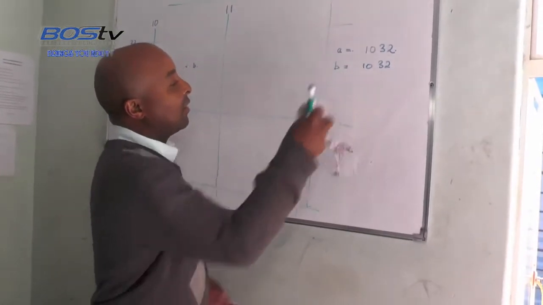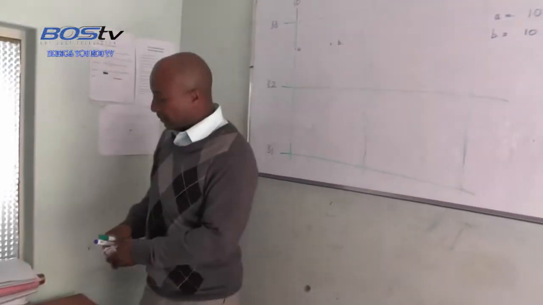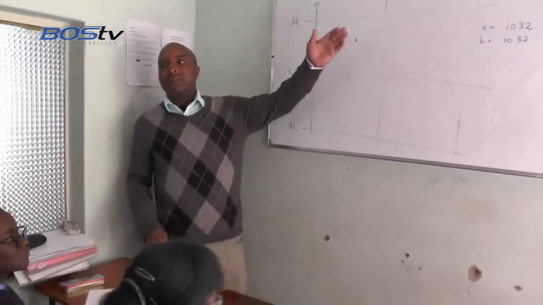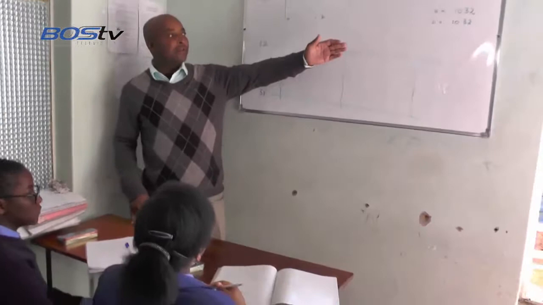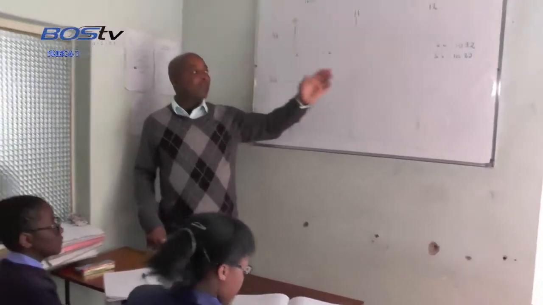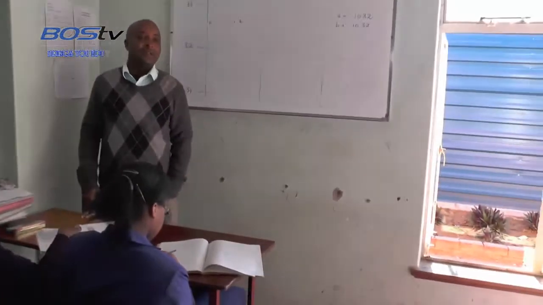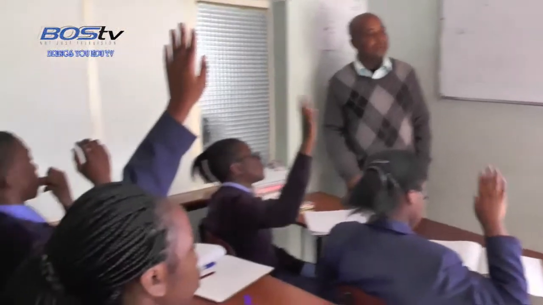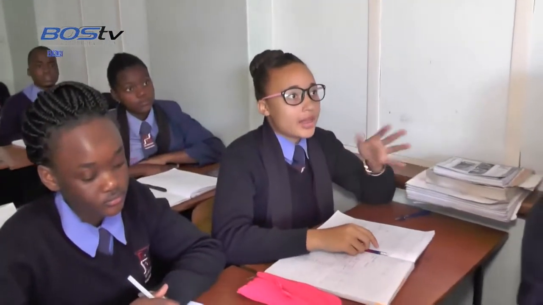Right. Now, when you look at how we are doing it, can somebody make a comment about these two points? Make a comment about A and B. Okay, so these two points have the same grid reference, but they're not at the exact same location.